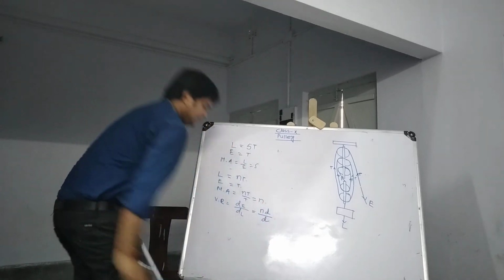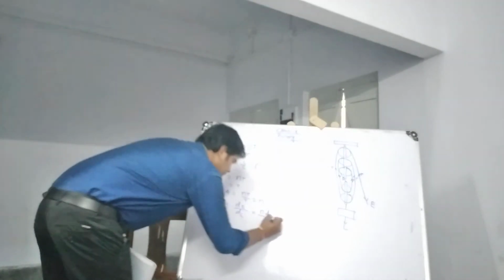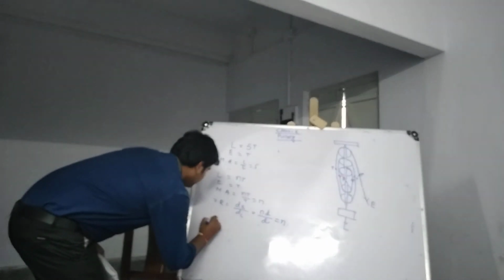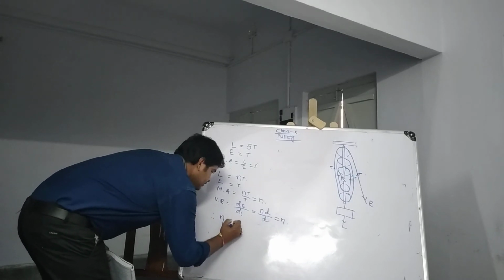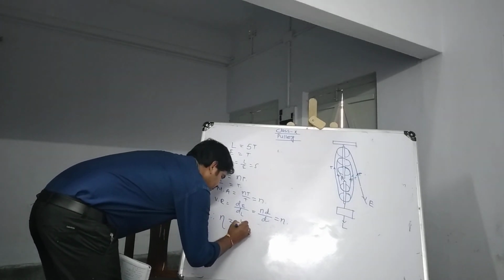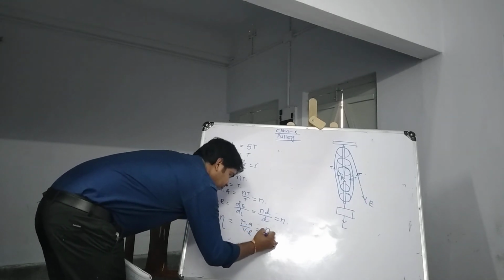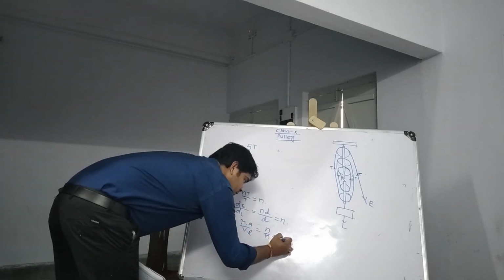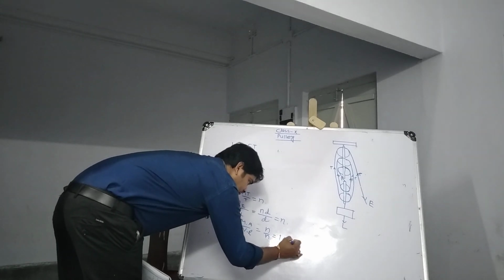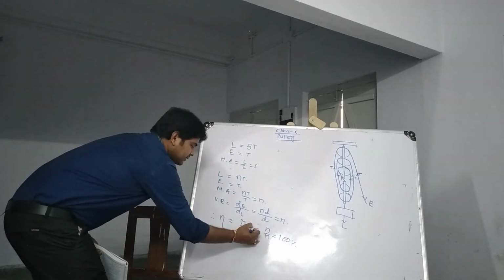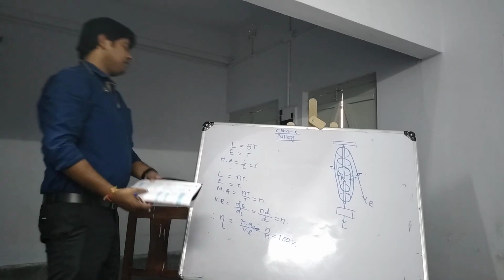So we can write velocity ratio is n. Therefore, efficiency eta is equal to mechanical advantage by velocity ratio. So n by n equals 1, and if we give it as a percentage, then we will get 100%.